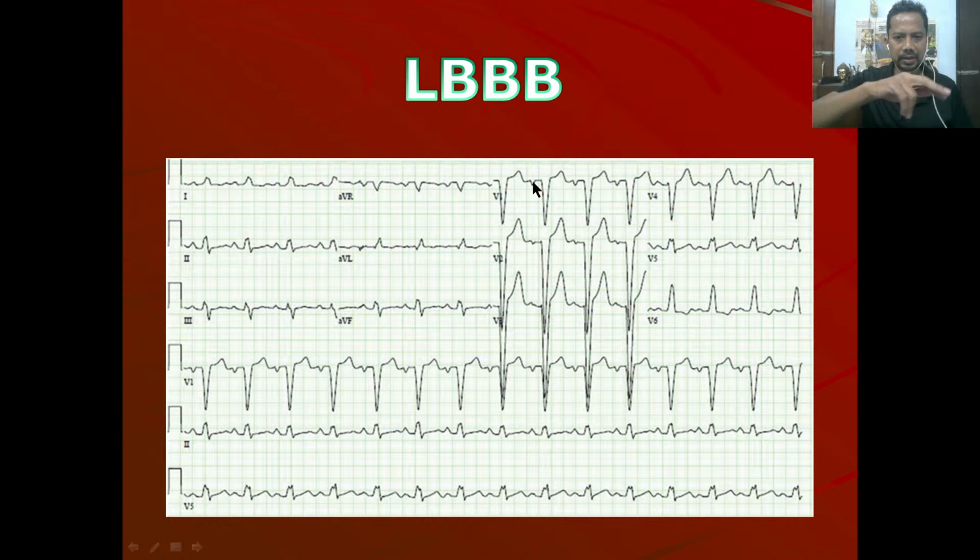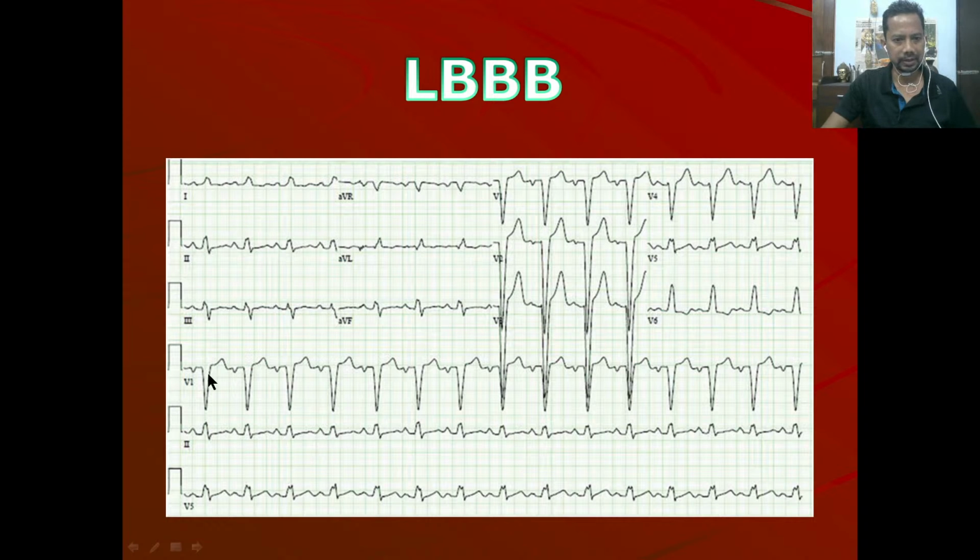Right atrium is upright P, left atrium is negative P. So you will see an isoelectric P wave. Out here in V1, the positive component is not seen, there is a negative component only. So there is a left atrial dilatation.